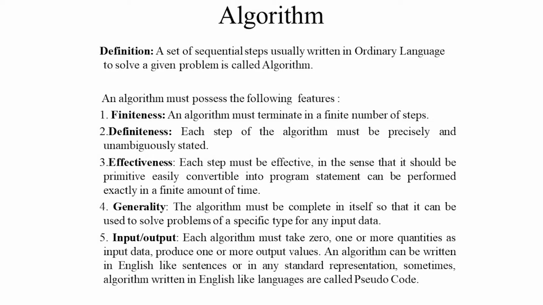Within a finite number of steps, your algorithm should get over. This is the first feature of an algorithm. The next feature is definiteness. Each step in an algorithm should be precise and unambiguously stated. All the steps involved should be clearly defined.